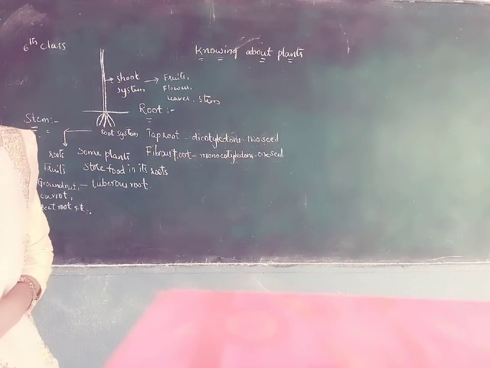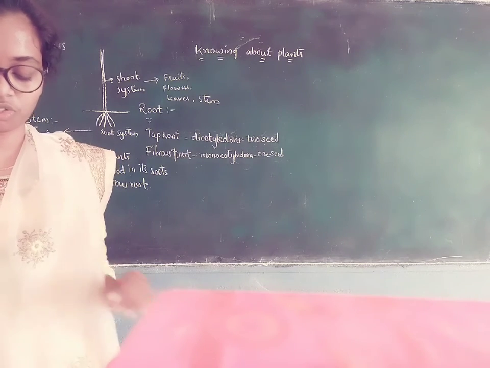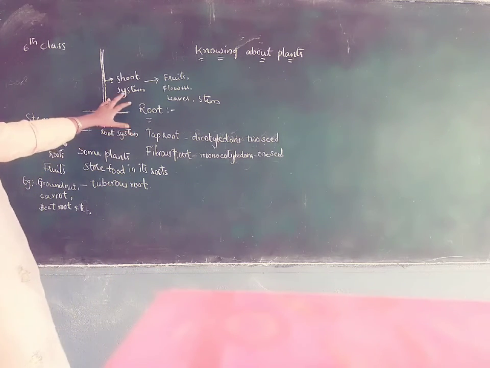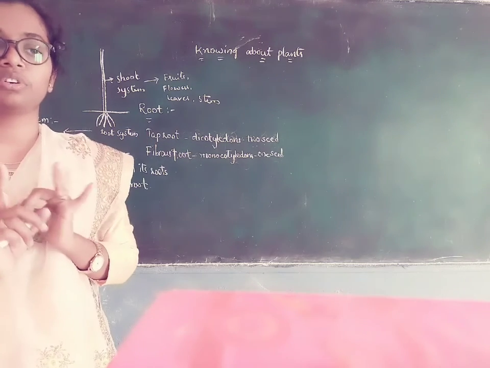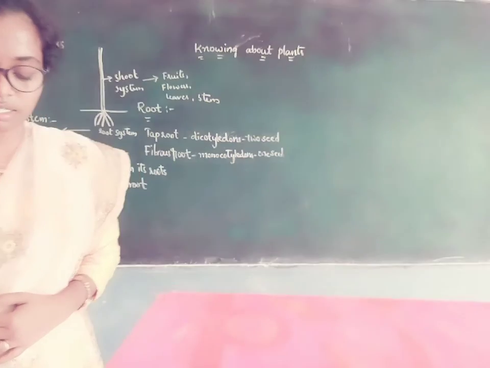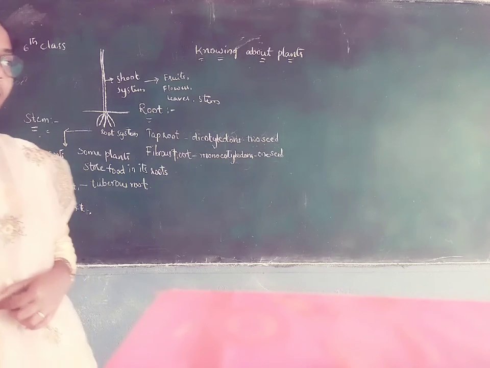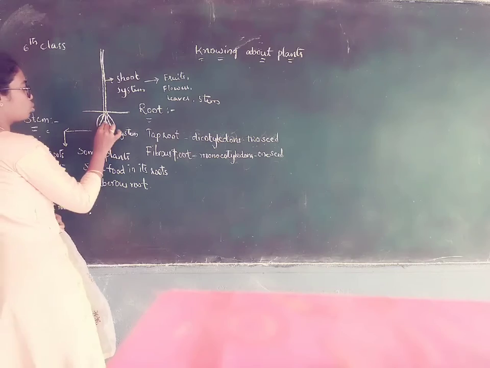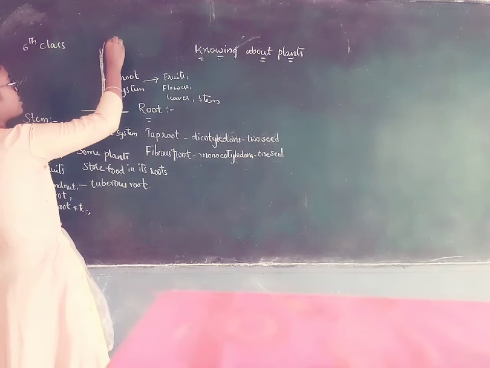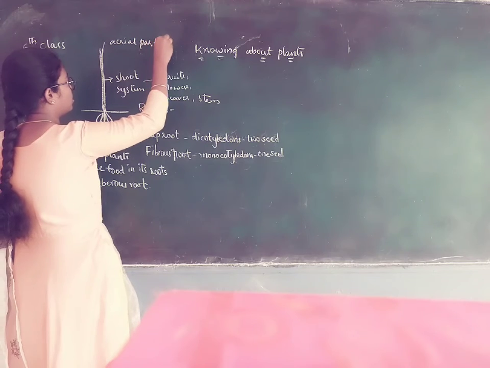Next, functions of the stem. The stem supports the branches, leaves, flowers and fruits. Next, the stem transports water and minerals from the roots to the upper aerial parts of the plant. Right from the roots, the water will travel along the aerial part of the plant.